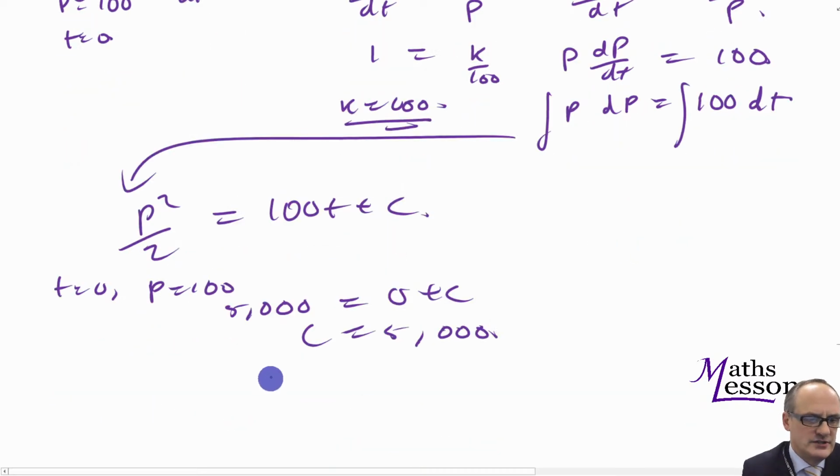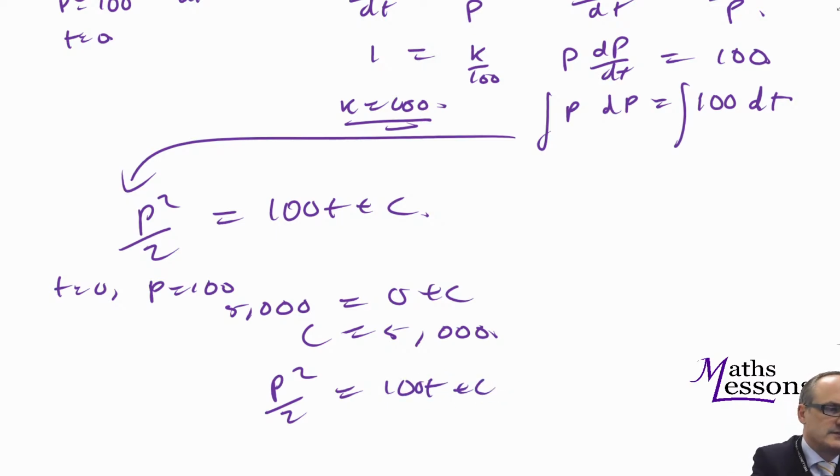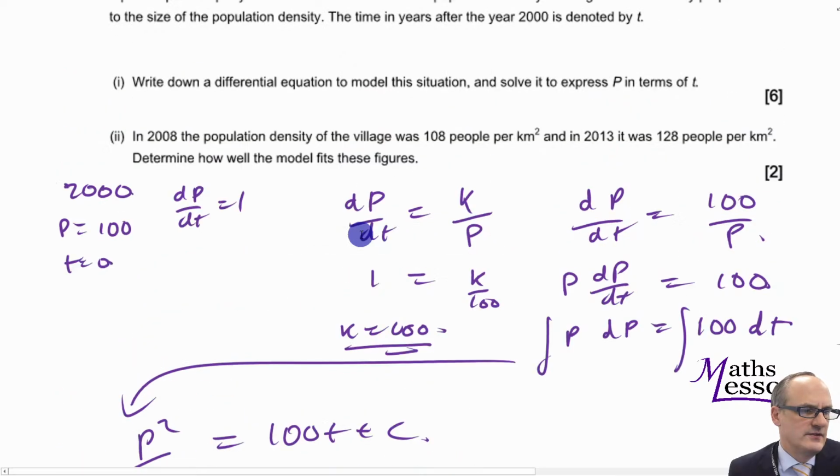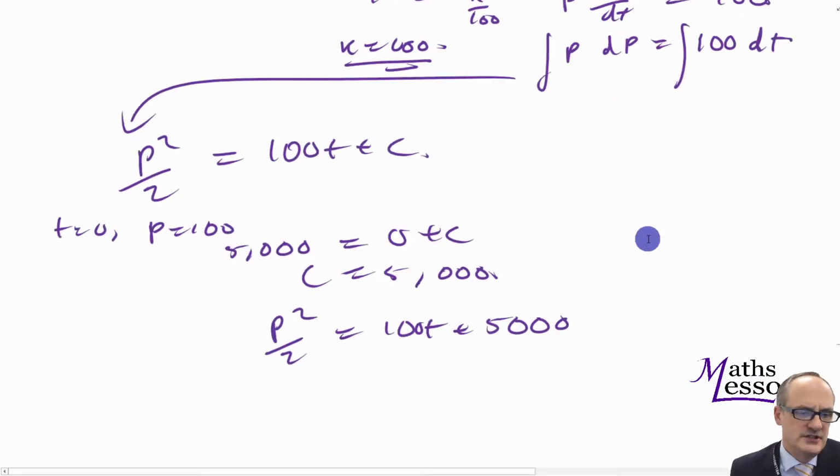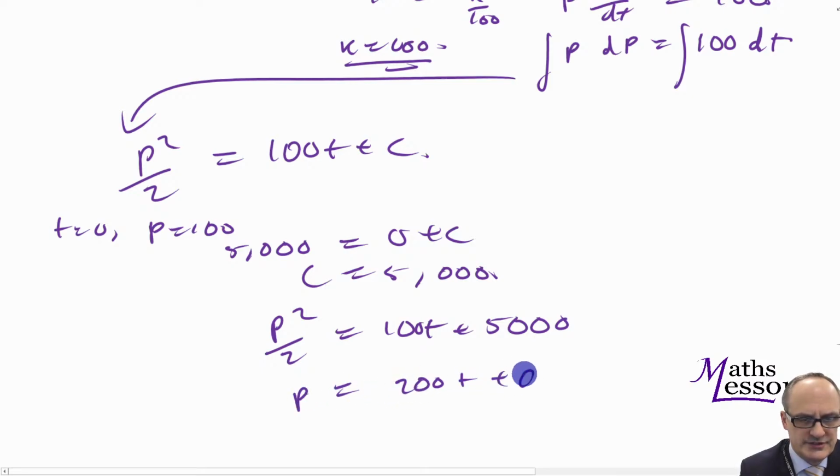Our equation is P squared over 2 equals 100t plus 5,000. Did they ask for it as P in terms of t? They did. So we multiply by 2 and then square root, so we get P equals the square root of 200t plus 10,000.